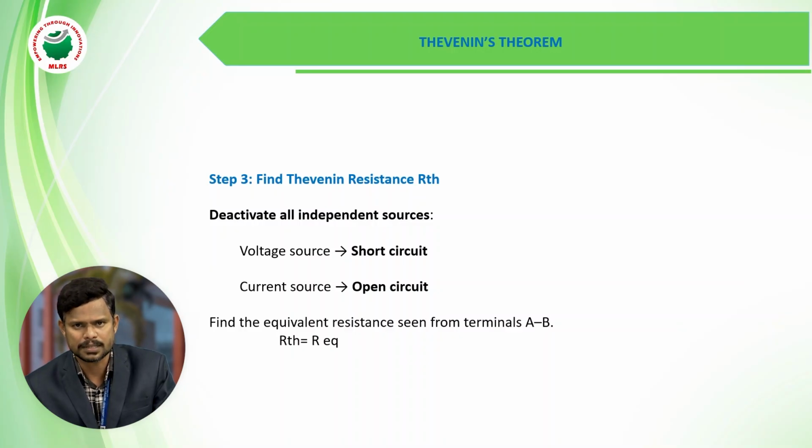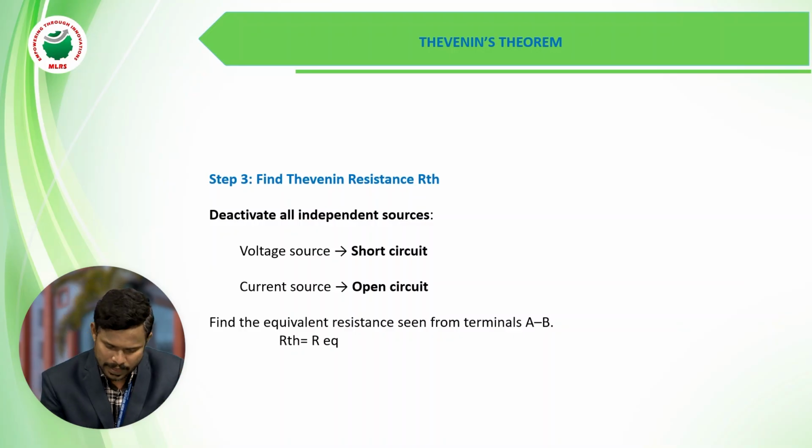Because the internal resistance of a voltage source is equal to 0. If any current source is present, that current source is replaced with its internal resistance, which is R equal to infinity. That means all current sources are replaced with an open circuit. Any voltage source is replaced with a short circuit, and any current source is replaced by an open circuit.